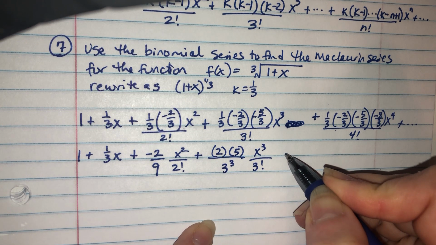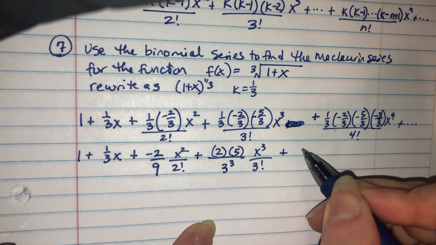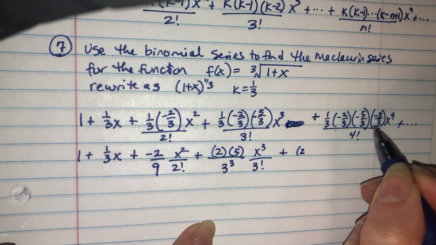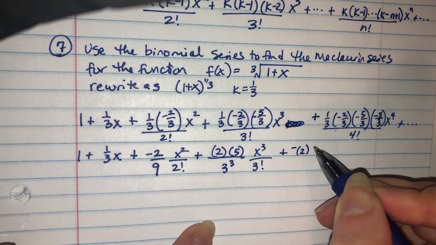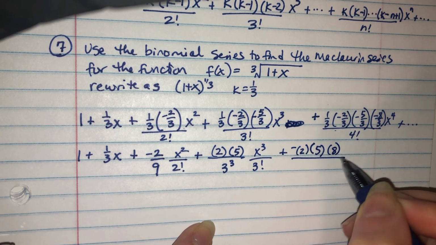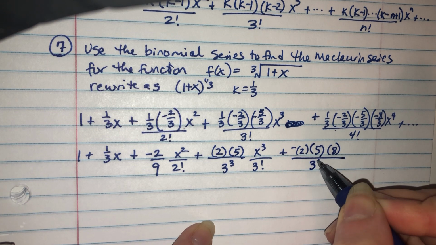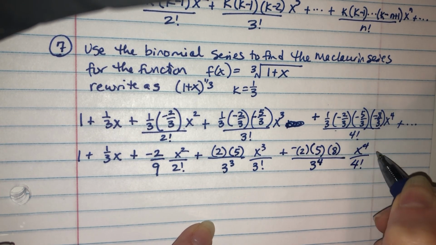And then we have plus, actually it's going to be a negative this time, negative 2 times 5 times 8 over 3 to the 4th, x to the 4th over 4 factorial plus dot dot dot.